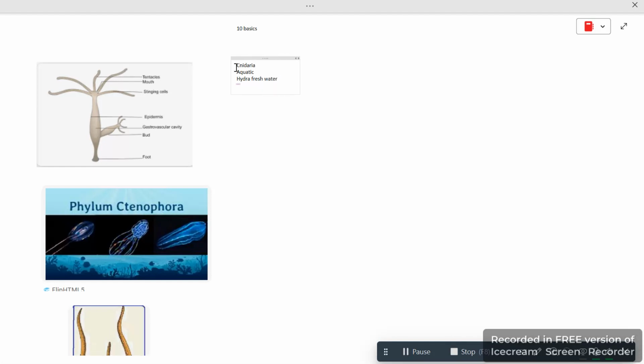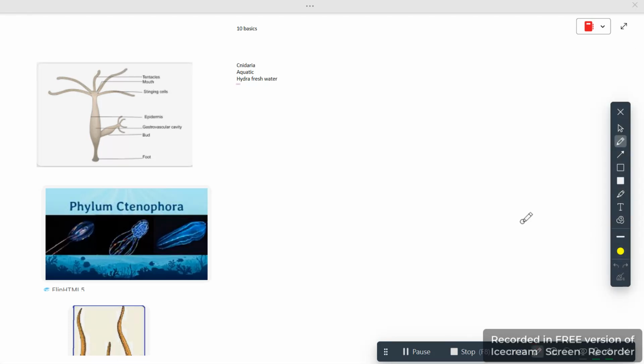Then, where was the name Cnidoblast derived from? If these are the tentacles, these you can look into, these are the tentacles.